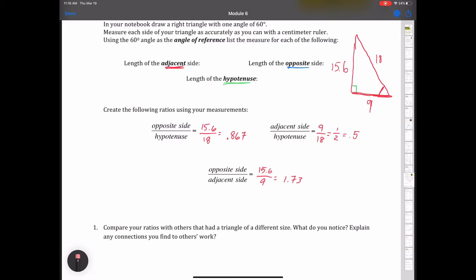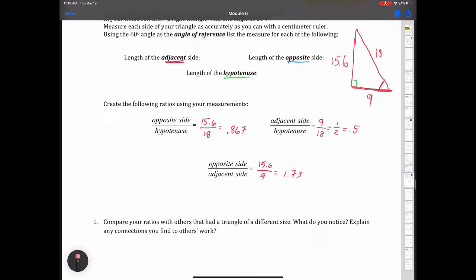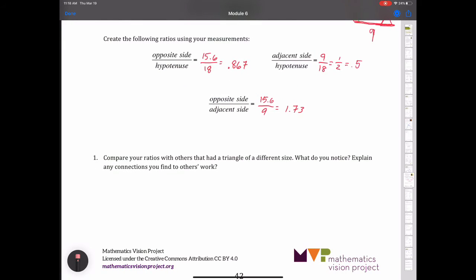All right, now that you've created those ratios on your own, go ahead and compare them to mine. Hopefully you got something close to that. You don't need to have these numbers match. What we're looking for is that you have this number and this number matching.